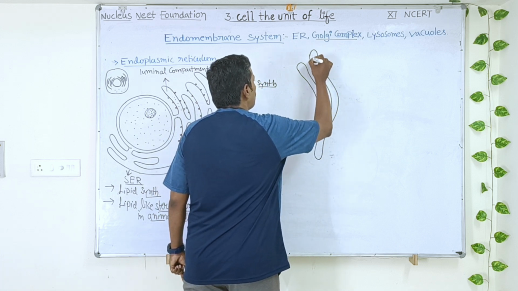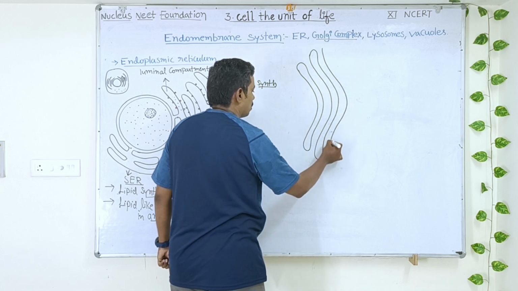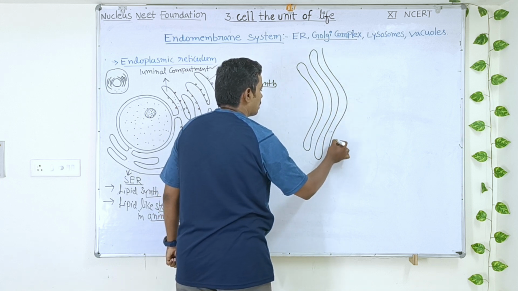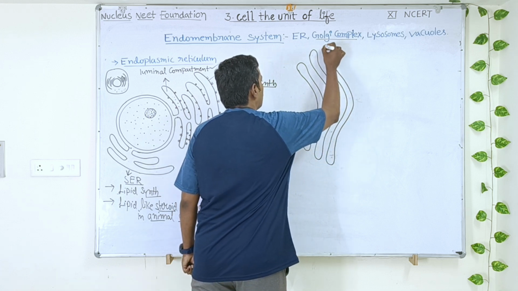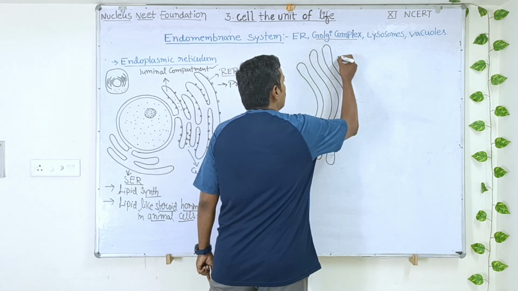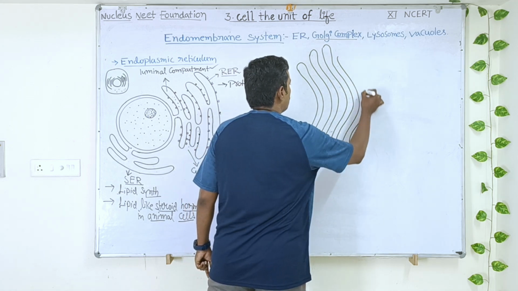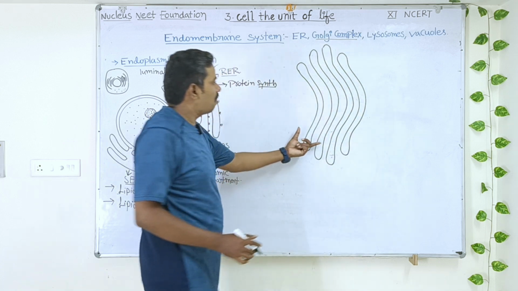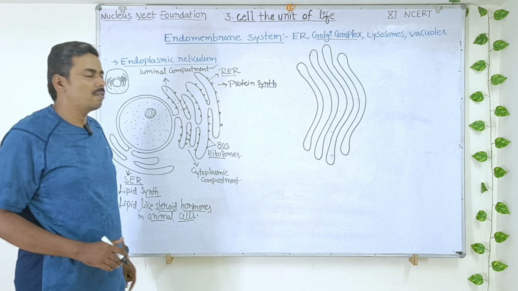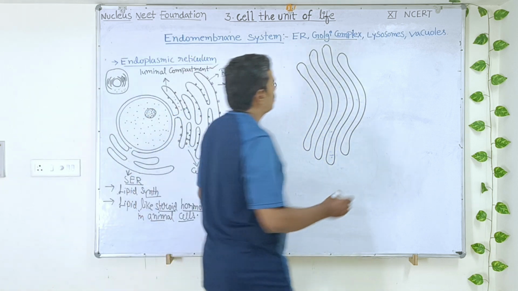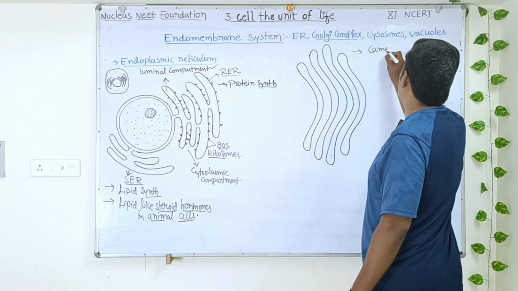So this is a network of flat sac-like structures. This cell organelle is closely present near the endoplasmic reticulum. It was first discovered by a scientist called Camillo Golgi.